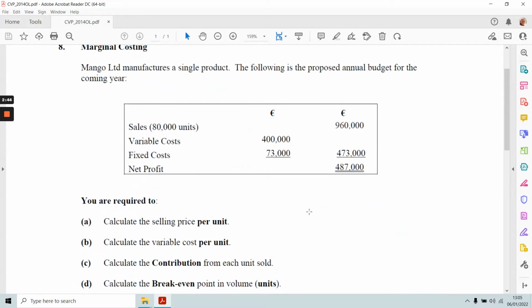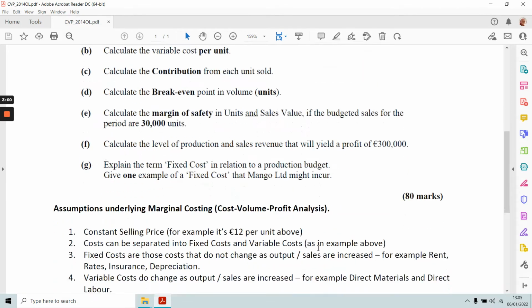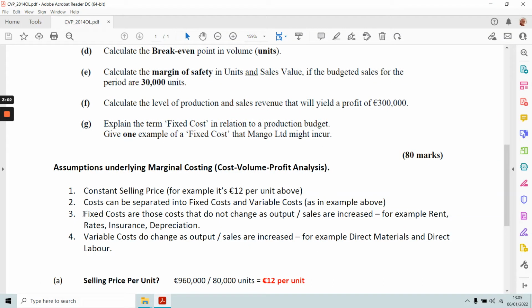The second assumption is that you can divide your costs, you can separate your costs into two kinds, fixed and variable, as they've done here. Let's have a look at what those things mean. Fixed costs are the costs that don't change as we produce and sell more.